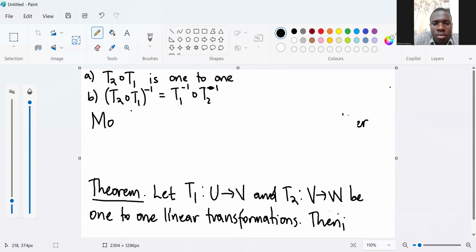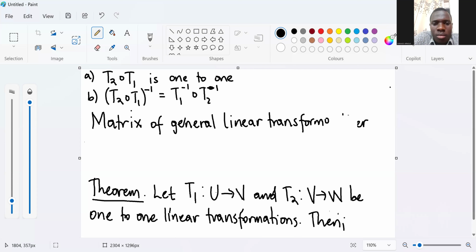Matrix of general linear transformation. Here, I think I should just compute an example.